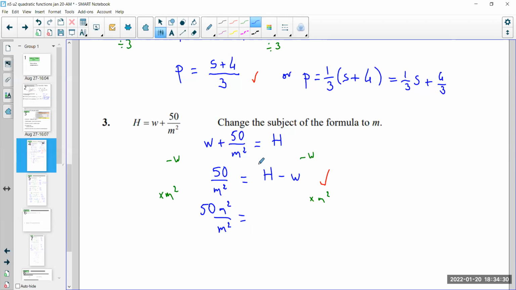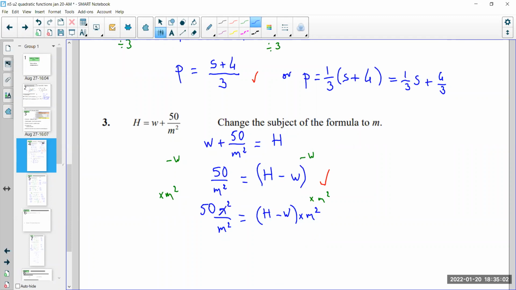And another thing I've noticed people sometimes forget, just put h minus w here as a fraction. And we said this time we're going to time by m square. So we've timed h minus w time m square.